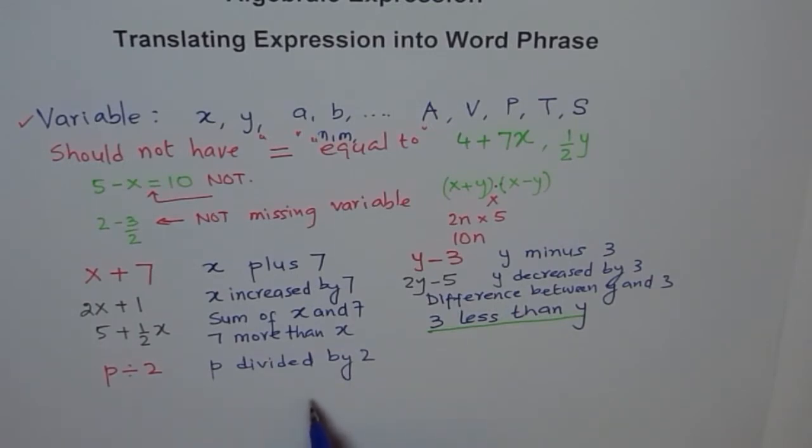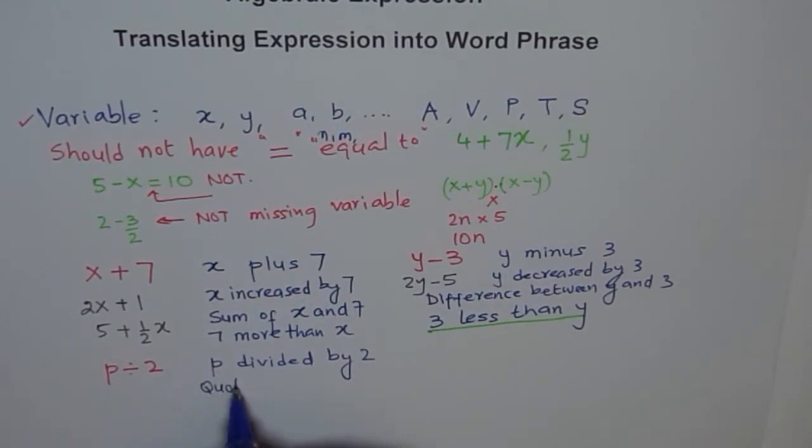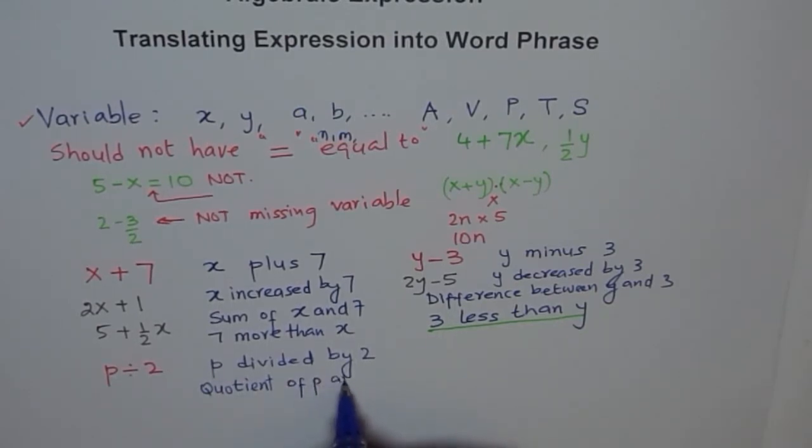Now I am introducing you to a new term, quotient of p and 2. So p divided by 2 is also called quotient of p and 2. That means p is divided by 2. Okay, remember this. This is another way of saying the same thing. Quotient of p and 2, that is p divided by 2.